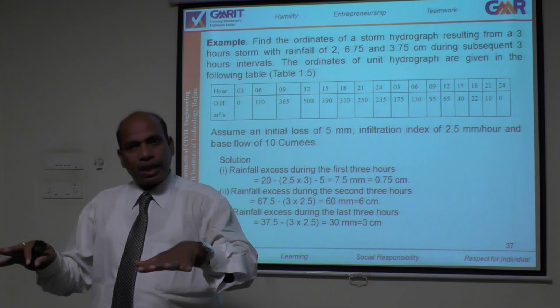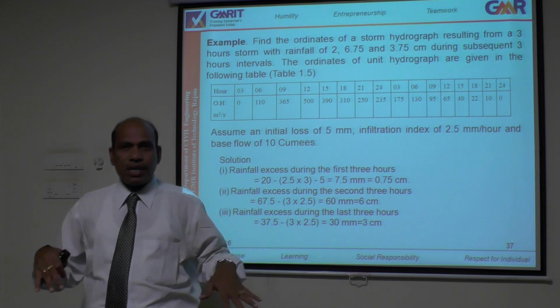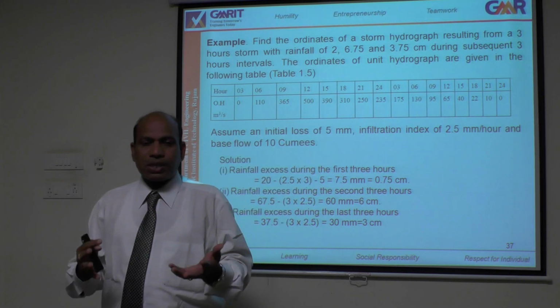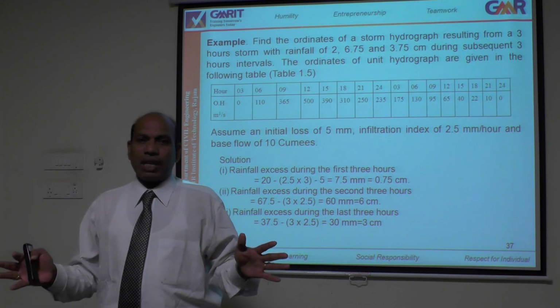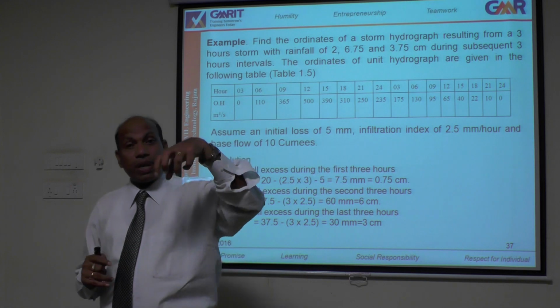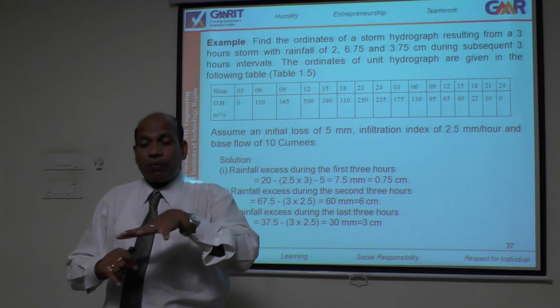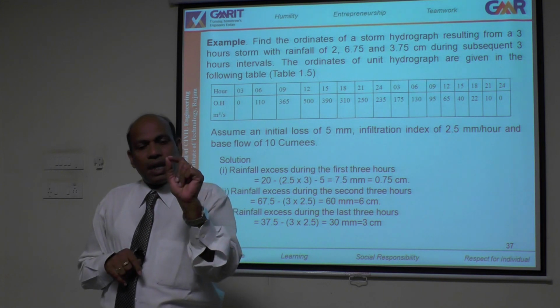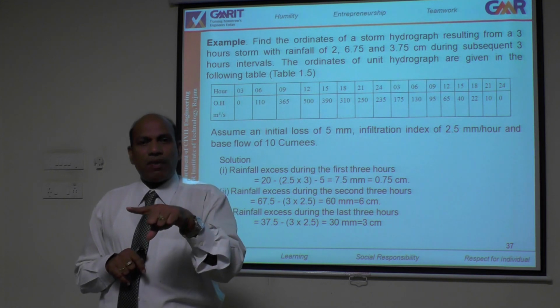The soil is in dry condition. Before this rain there is no rainfall, because the depressions and grass are free from water. Once we have 2 centimeters of rainfall on a particular area, first fill all the initial losses, that is 5 mm. 20 mm minus 5 mm.